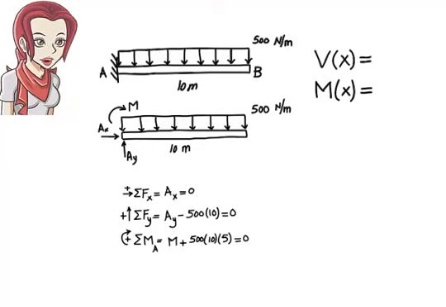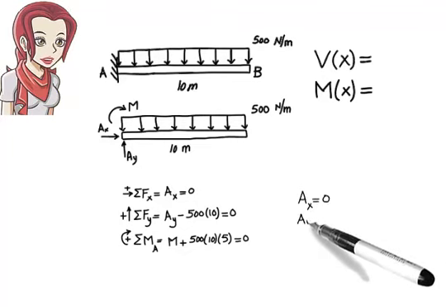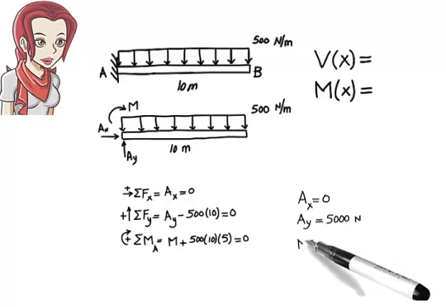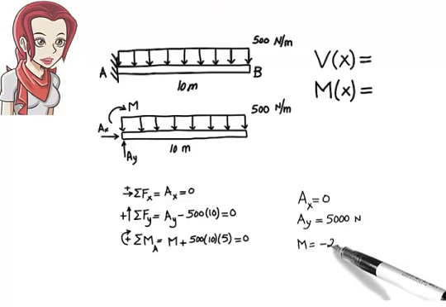Solving them for the unknowns, we get Ax equals 0, Ay equals 5,000, M equals negative 25,000.